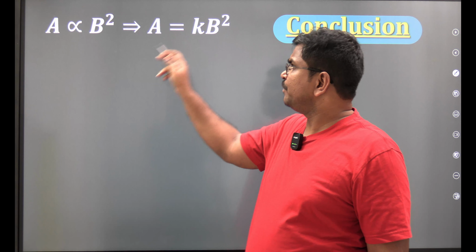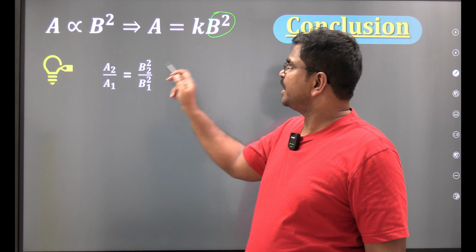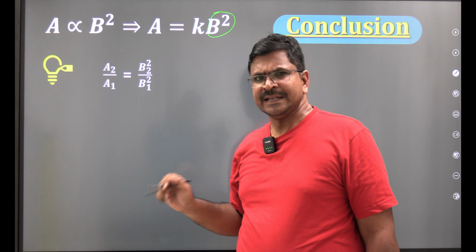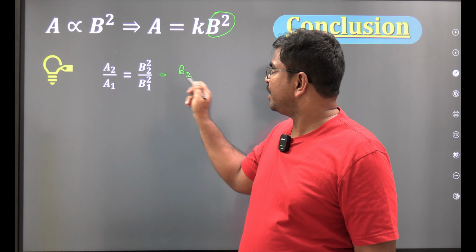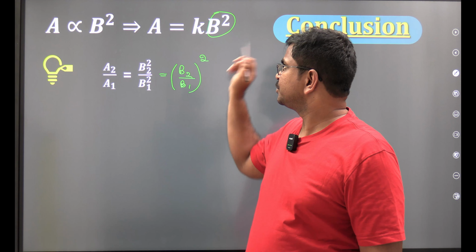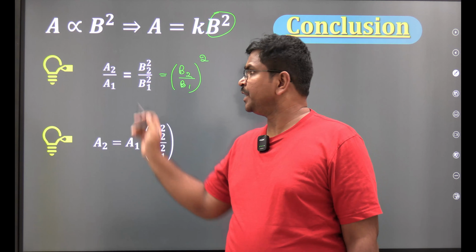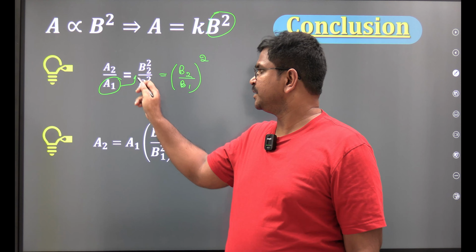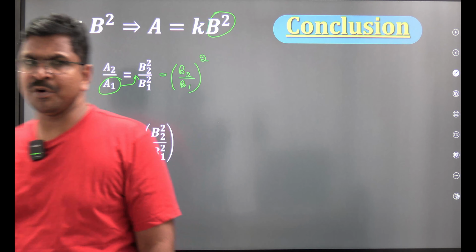I can write A2 by A1 equal to B2 square by B1 square. In another way, I can write (B2 by B1) whole square. Now for the same second application, A1 is taken to the right hand side and you will get this expression. I can write this expression in another way, as I told you already.